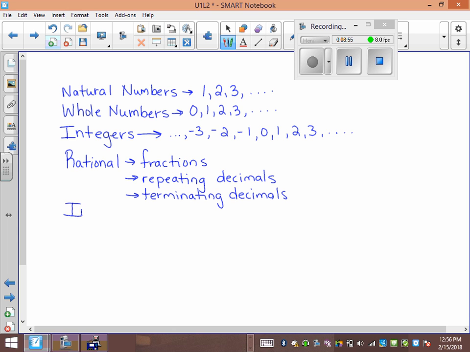Irrational are the ones that are irrational. So they're the non-repeating, non-terminating. They just go on forever, like pi, 1.3479, and forever. They just irrationally keep going. So non-repeating, non-terminating decimals.